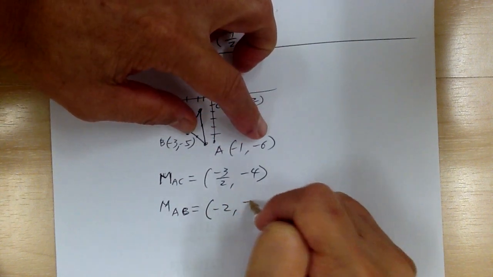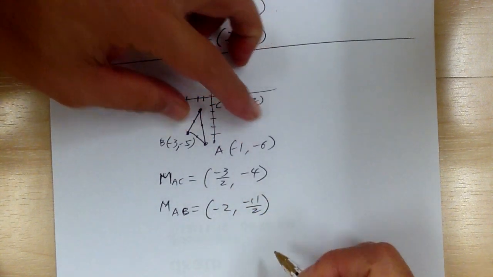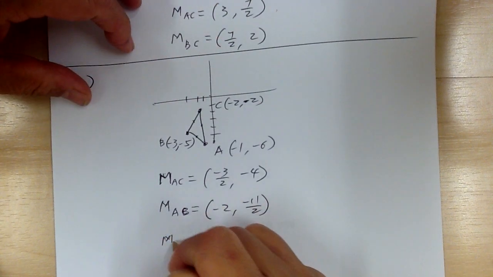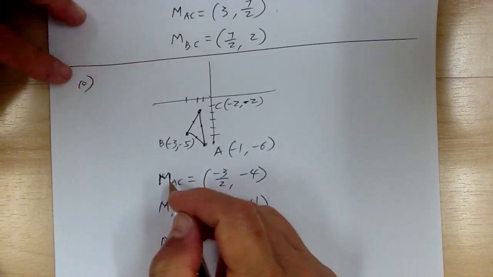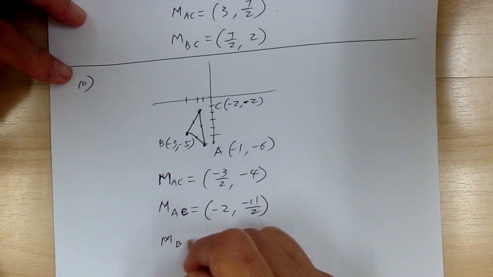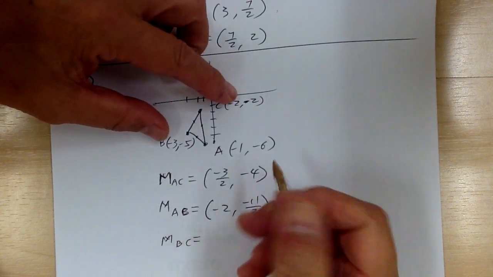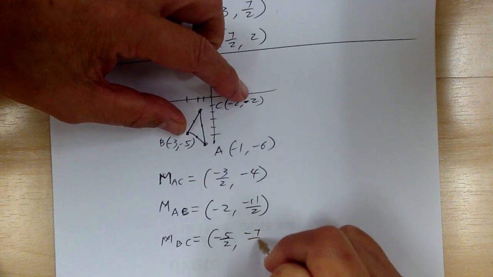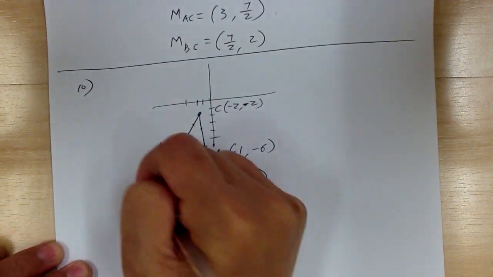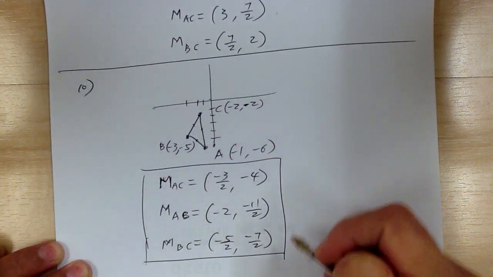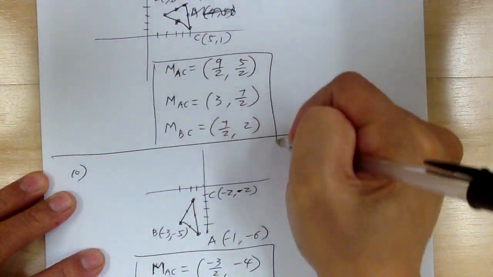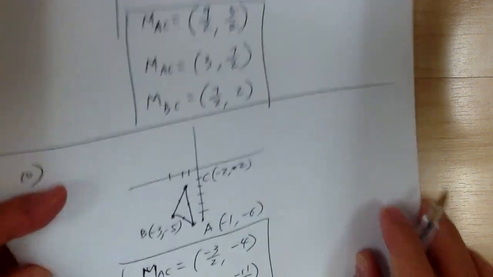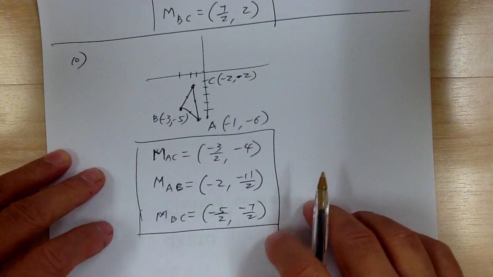You add, you get -11 divided by 2, you get -11 over 2. Then you get BC. So for BC you're going to get -5 over 2, -7 over 2. So midpoints are fairly easy to get. Here, let's go to number 12.